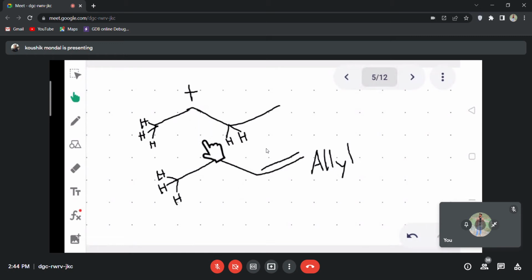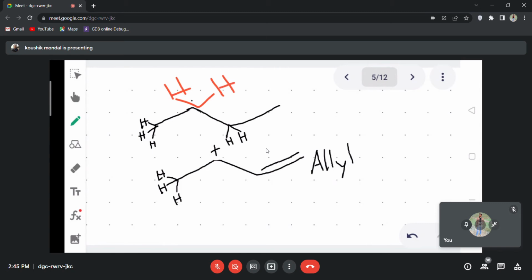Not three. One hydrogen is present. You check. One plus charge is there, and it is bonded with two carbons. If it were not bonded with any carbon, then there would be two hydrogens.